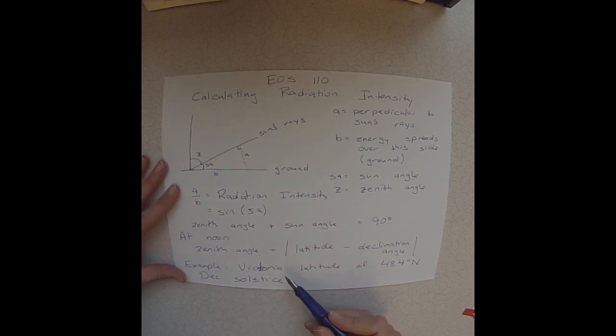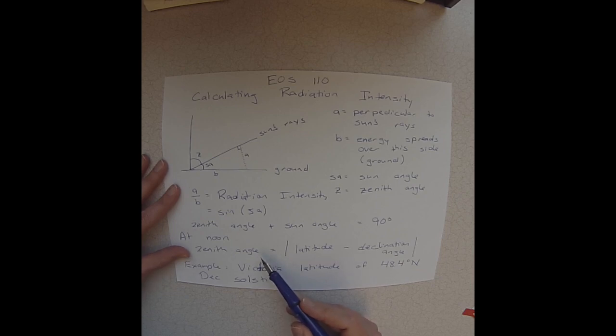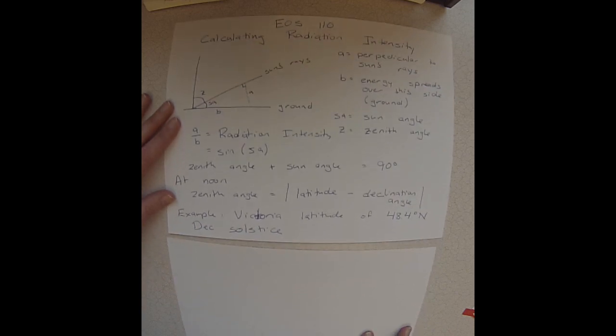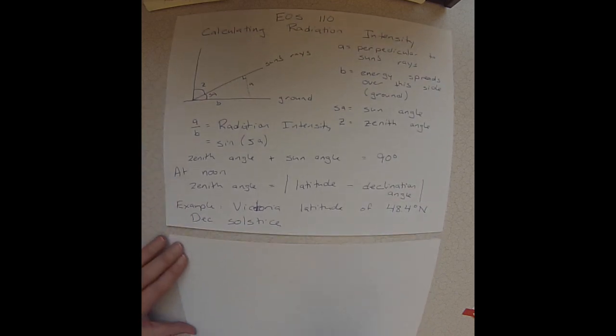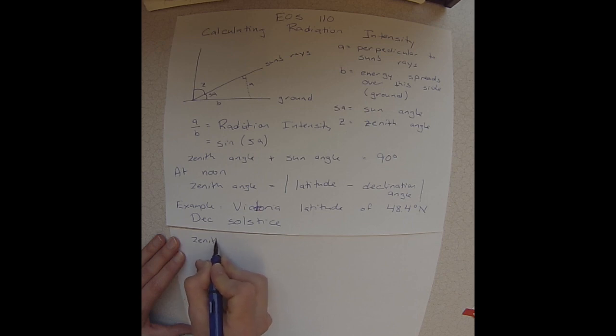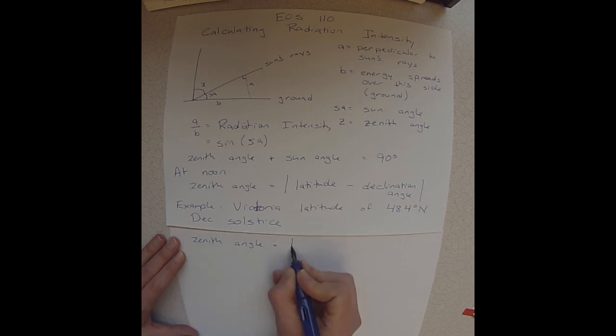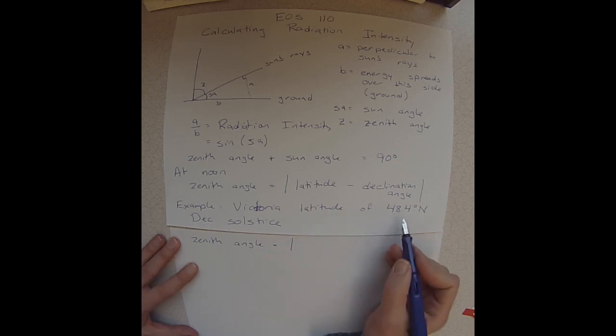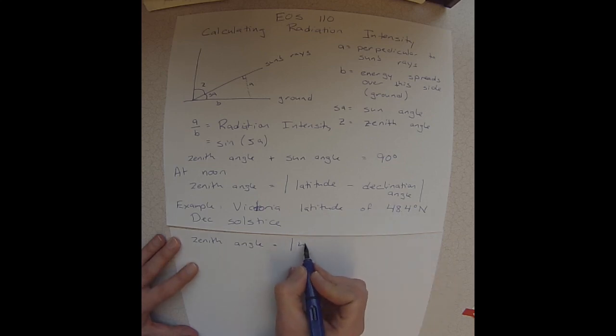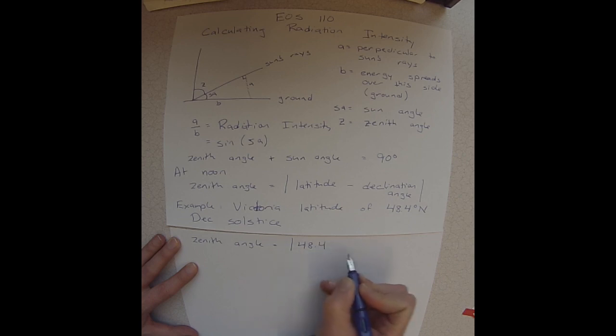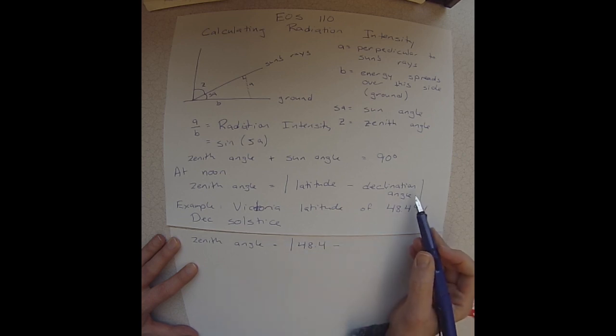The first thing to do is figure out the zenith angle. That's equal again to the absolute value of the latitude, which we just said should be 48.4, minus my declination angle.